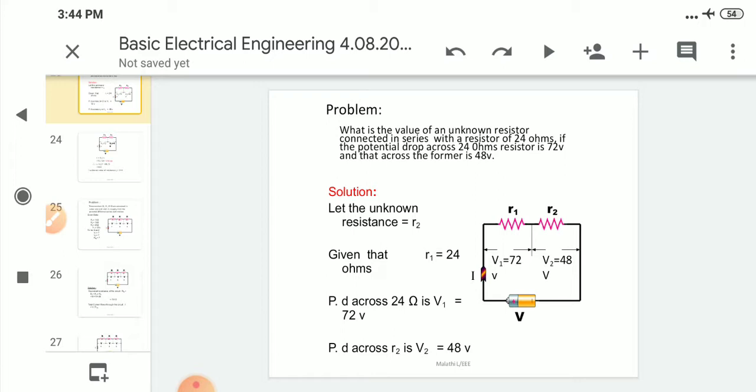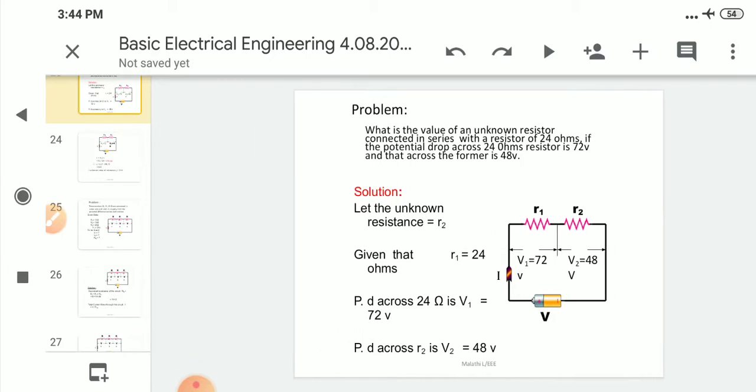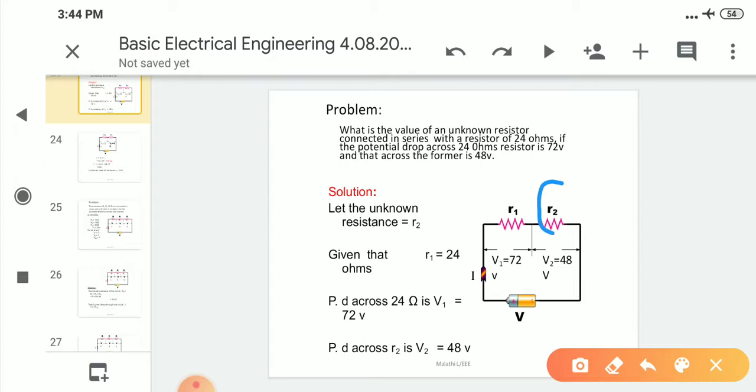Here they don't know the value of this R2. We have to find the value of this R2. This is the question. Here R2 is the unknown resistance. R1 is equal to 24 ohms. They are given in our given data. Now we have to find the potential difference across this 24 ohms.